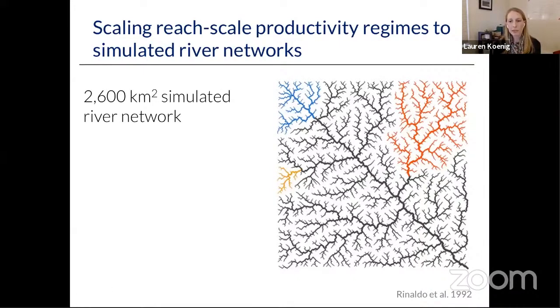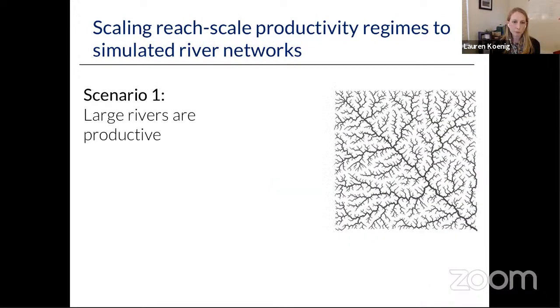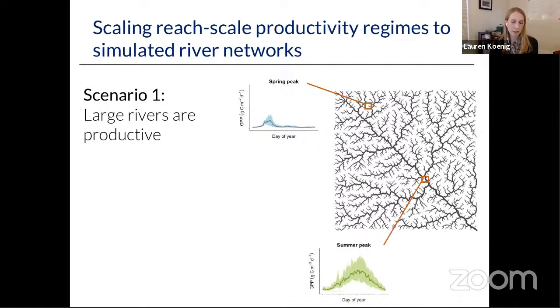And we took 3 different approaches to map these empirical regimes at the reach scale throughout the river network. And the first scenario assumed that network position drives GPP. So in this case, we assumed that all small streams followed this spring peak pattern, whereas all large rivers in the network followed this summer peak pattern.